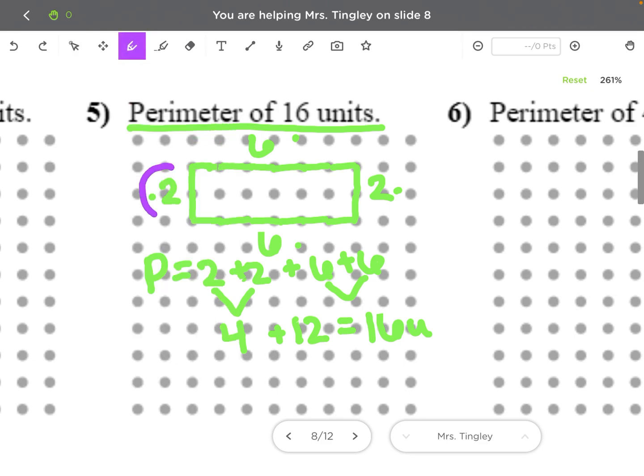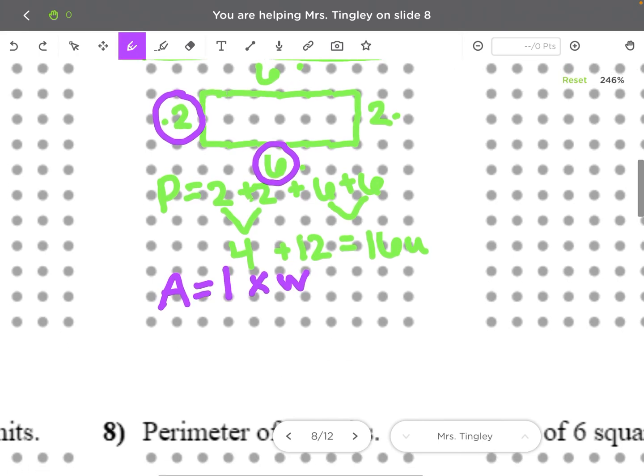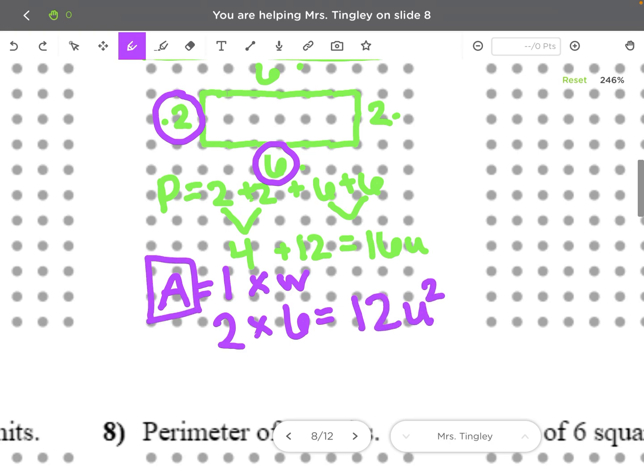All right, now let's change to our area color. And area, we multiply the length times the width. So we can multiply 2 times 6 to find the area. What is 2 times 6? 2 times 6 is 12 units squared.